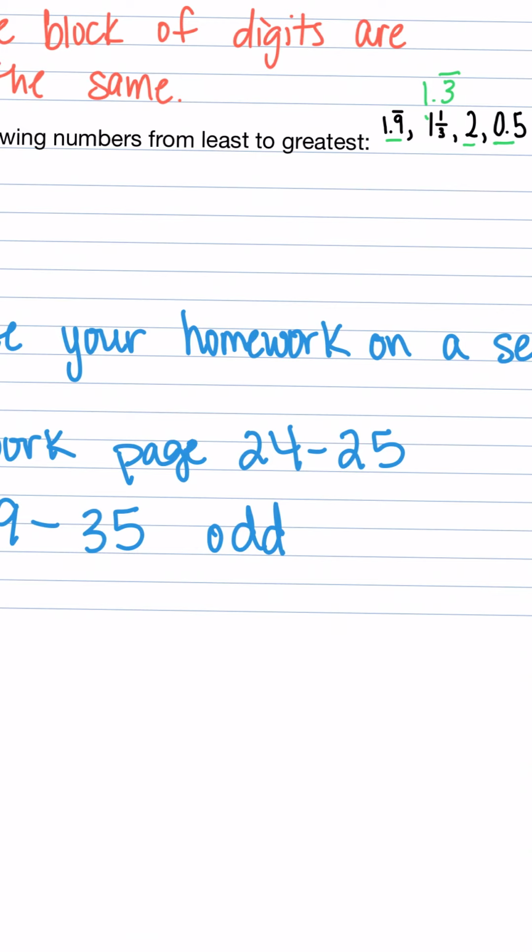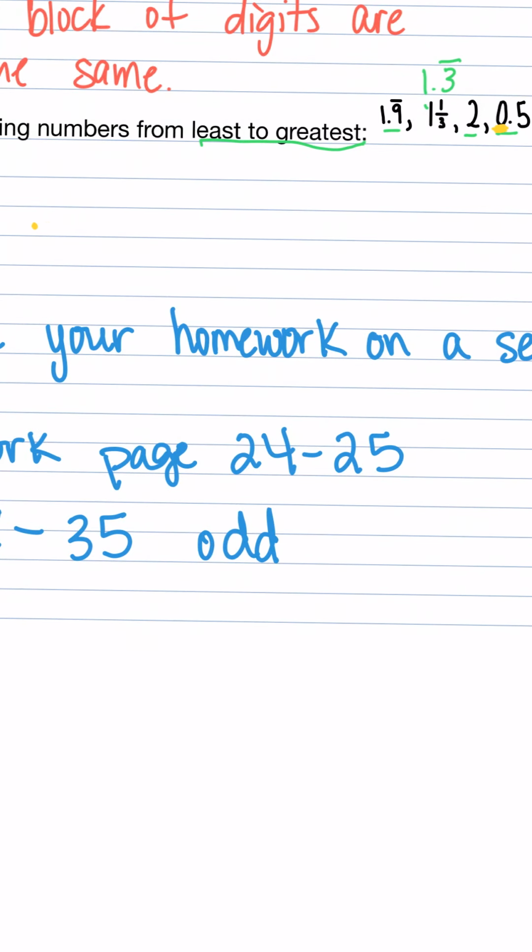Okay, so then as we're looking here, we want it to be from least to greatest. So the smallest number first. Well, the smallest number is going to be, this one doesn't even have a 1 or a 2 in the whole number. So that's going to be our smallest. 0.0, oops, not correct. 0.5 is the least.